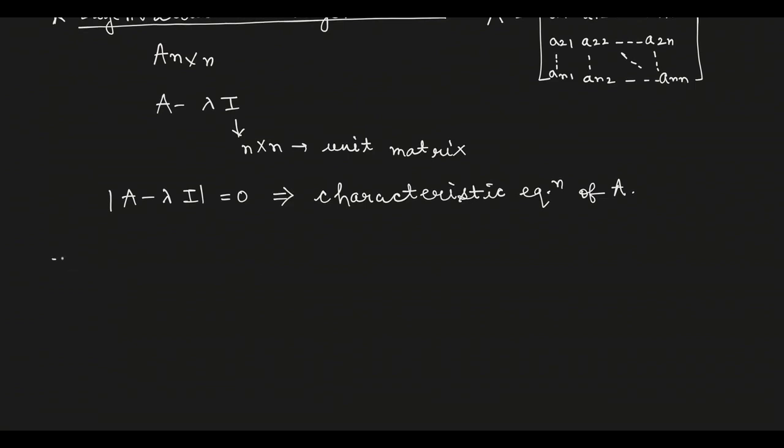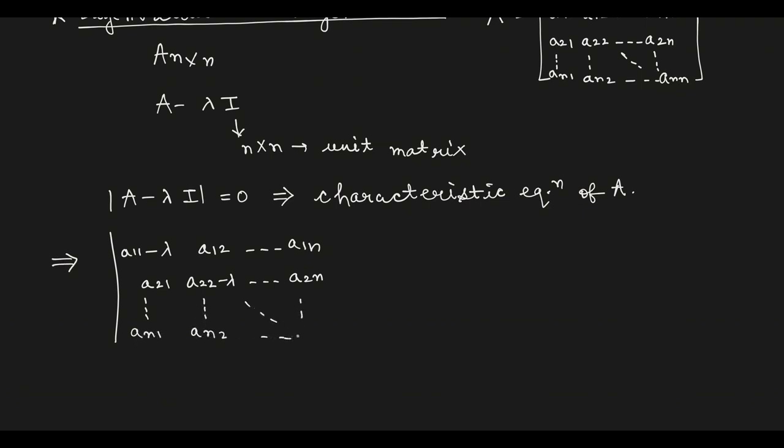So A minus lambda I will be A11 minus lambda, A12, and so on till A1n, A21, A22 minus lambda, and so on till A2n, An1, An2, and so on till Ann minus lambda, equal to 0.